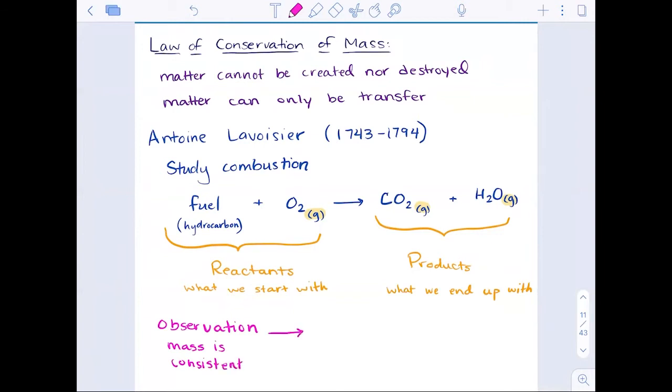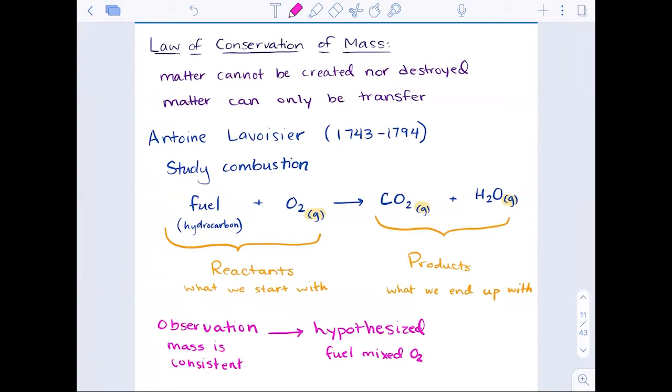He hypothesized that the fuel mixes with oxygen to form the products. That wasn't understood yet.